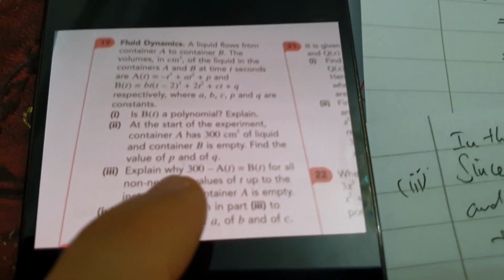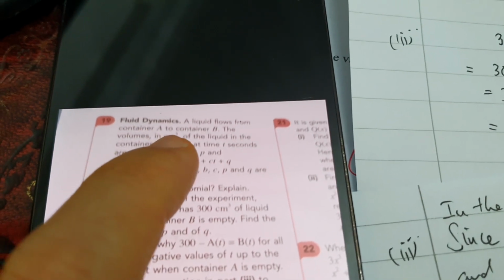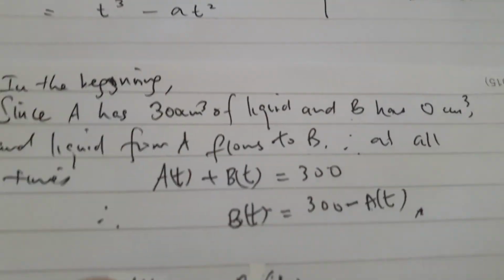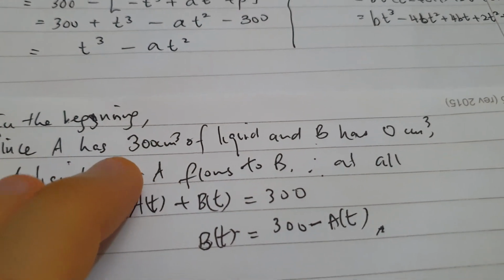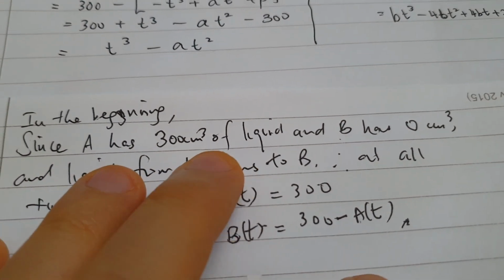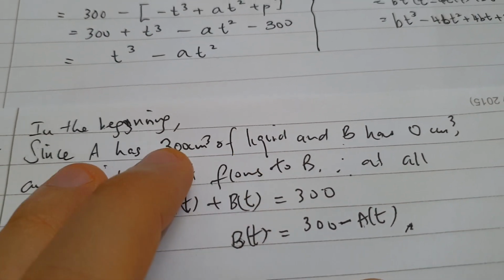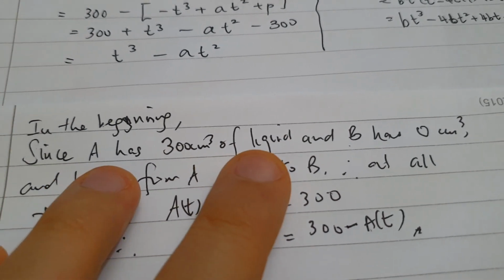So what they're trying to say is, you read the question again. Liquid flows from A to B, right? At first, liquid A is 300. Okay? So you have liquid A having 300 cubic cm of liquid, and then the liquid flows from A to B.